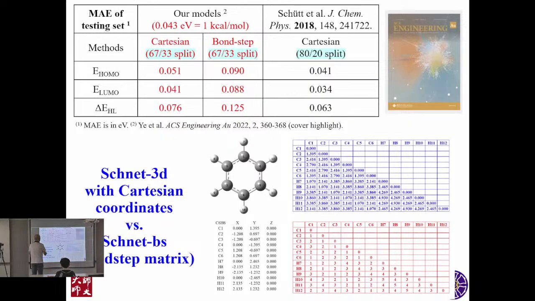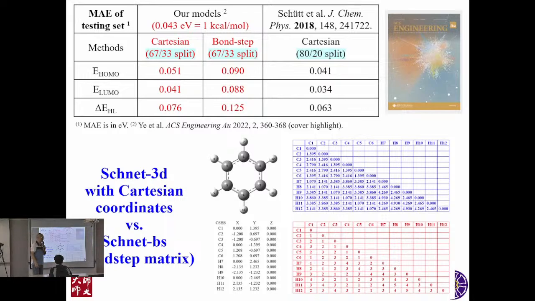So by doing that, this will be the prediction for the bond step matrix, okay? Here, this column is for the traditional way of doing interatom distance using Cartesian coordinate to provide the interatom radius as the input to the Schreiner model. Of course, it gives very accurate result. The HOMO energy error is almost 1 kcal, and the LUMO and the gap is around 2 kcal.